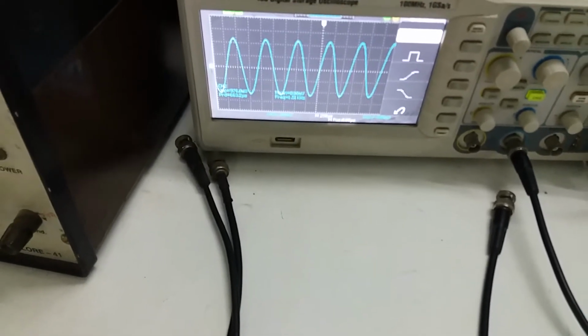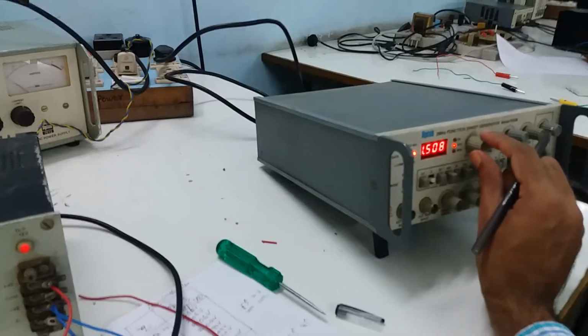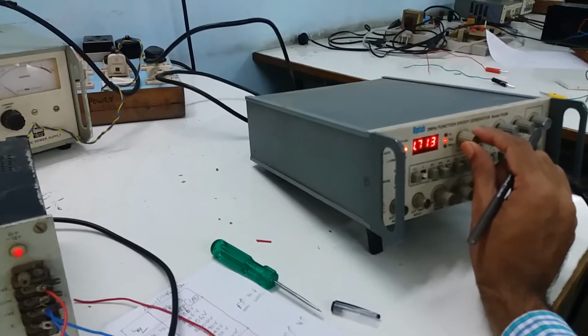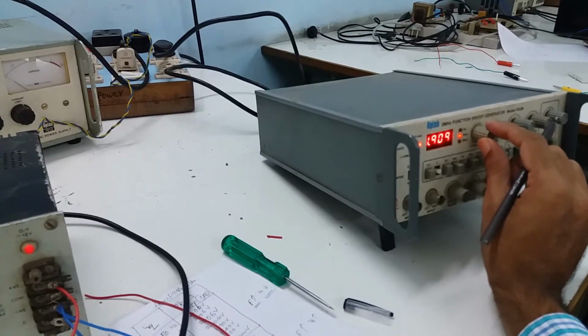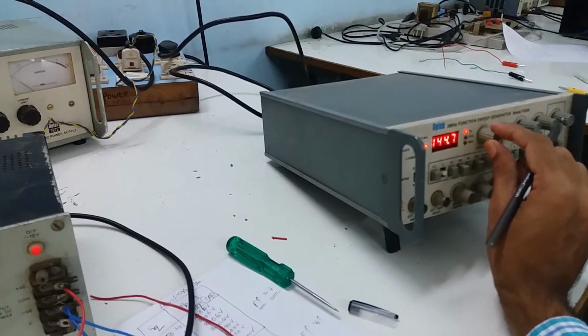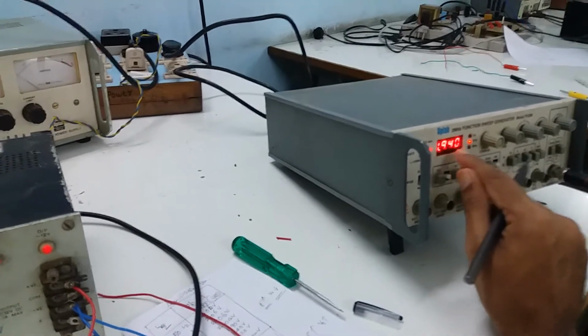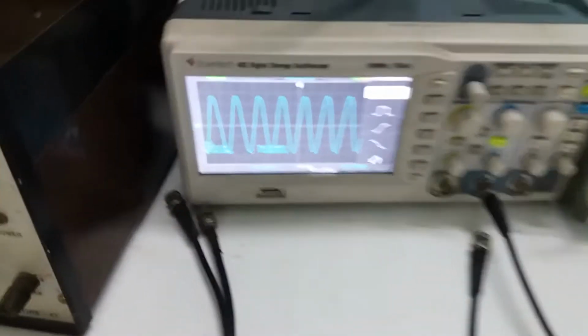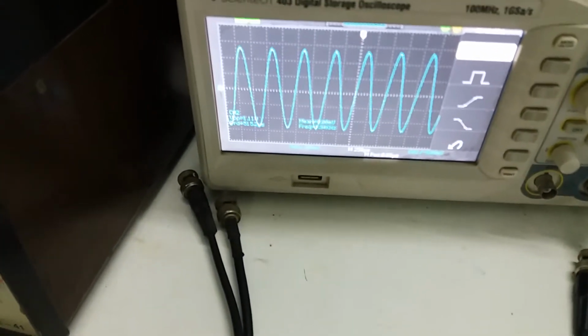Next, I am going to vary the frequency. Instead of 1.5, I am going to vary it. Here the maximum is 2k. So I have set 1.9, 1.94.